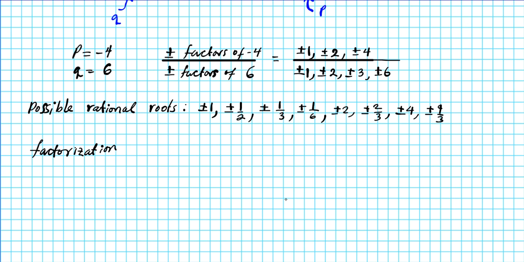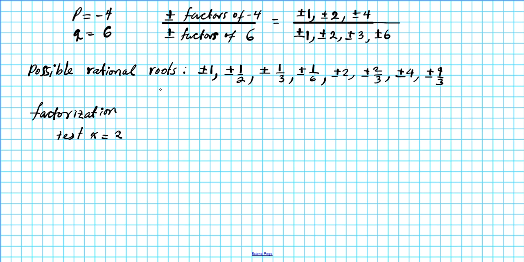So let's start with positive 2. Why did I pick positive 2? Well, it's just a random selection. I just picked it randomly. Okay, so let's test x equals 2. If we divide synthetically with this root and get 0, then that is one of the roots. Okay, but if we do not get 0, then we have to move on to the next option.